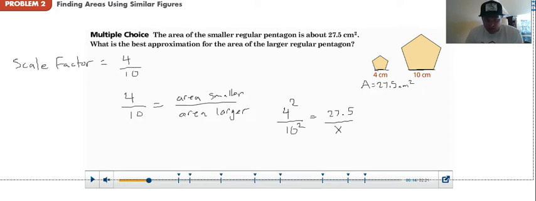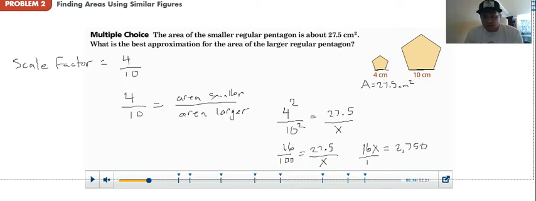So let's write, this is going to be 16 over 100 equals 27.5 over x. So I'm going to cross multiply. This is going to give me 16x equals, I'm going to move the decimal over 2 spots, 2,750.